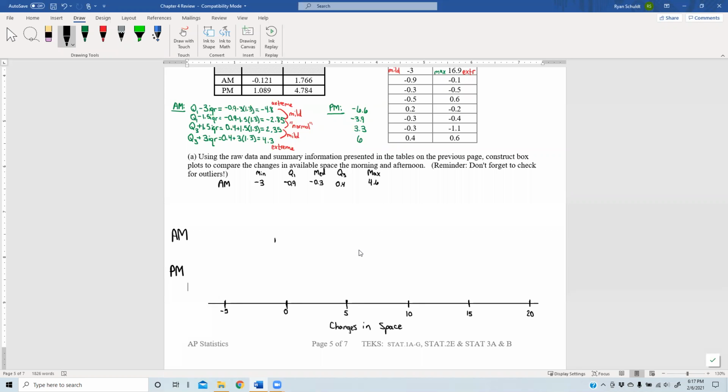So I need that Q1 to go right there. I'm just making marks so that way I can draw my box here in a second. Q3 is at 0.4. And then my median is at -0.3. Okay, so there's where my box is going to go.